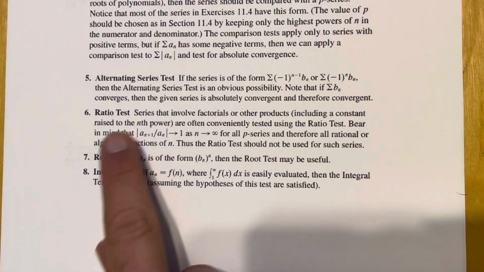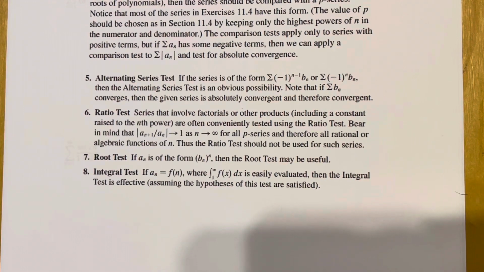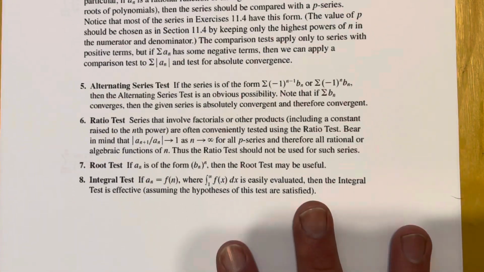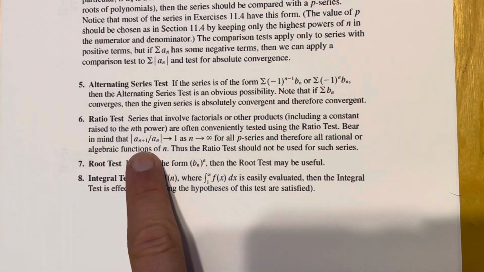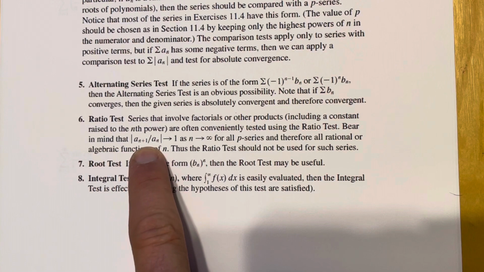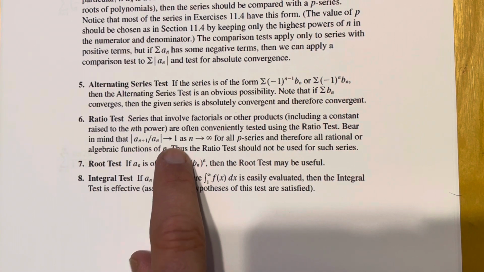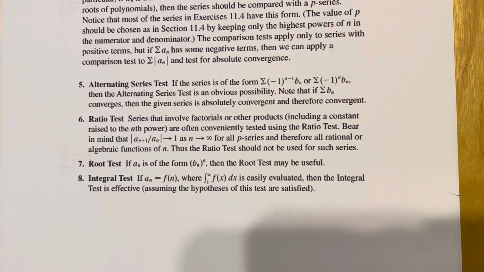Now, the ratio test, as useful as it is, is not useful all the time. Like we said, there are other series tests up above here, which we may use in place of the ratio test. And the ratio test can also be inconclusive. Remember, if the limit of the absolute value of these ratios goes to 1, then the test doesn't give us information.